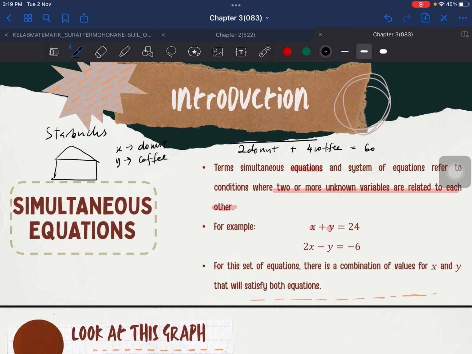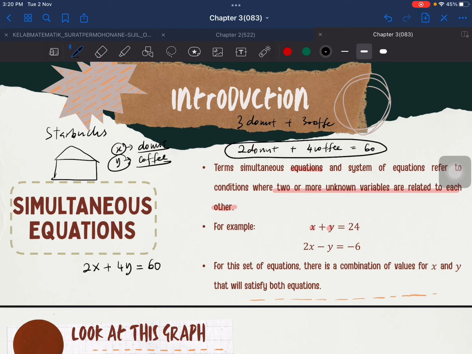So daripada sini, you actually can come up with the equation, because kita dah cakap tadi, kita punya donut adalah X, kita punya coffee adalah Y. So apa yang you akan dapat adalah 2 darab dengan harga donut tambah dengan 4 darab dengan harga kopi adalah bersamaan dengan RM60. Okay, another promotion katakan dia kata beli 3 donut tambah dengan 3 kopi pada harga RM50. Contoh. So another equation you will get 3x plus 3y equal to 50.